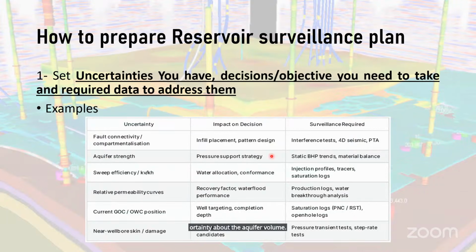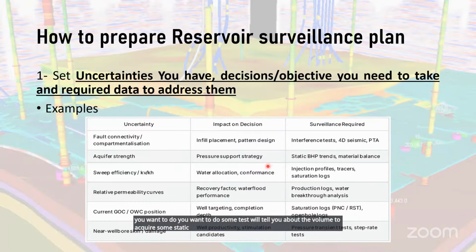Okay, so you want to do some well tests that will tell you about the aquifer volume and the aquifer strength, or you want to acquire some static pressure data that helps you do material balance analysis, which will help you know the aquifer volume and the aquifer strength.